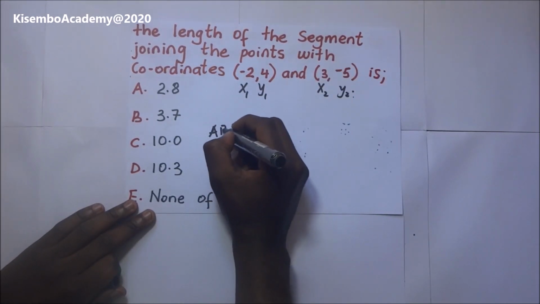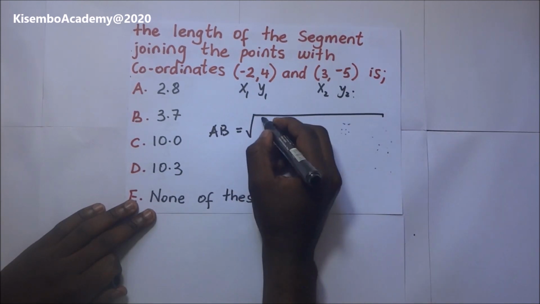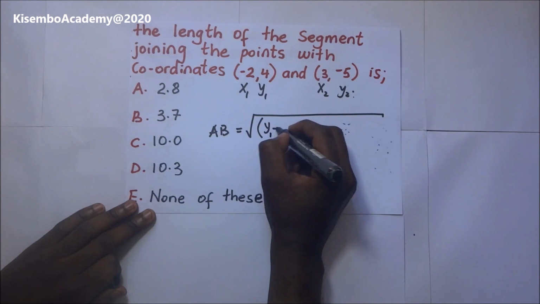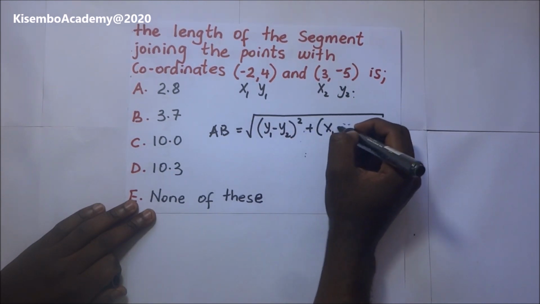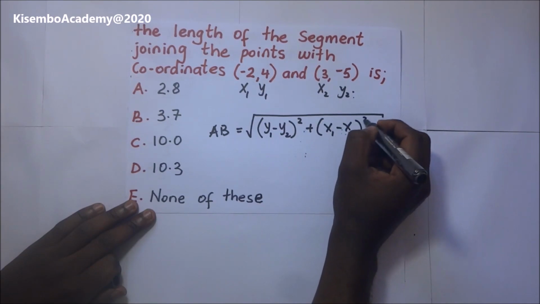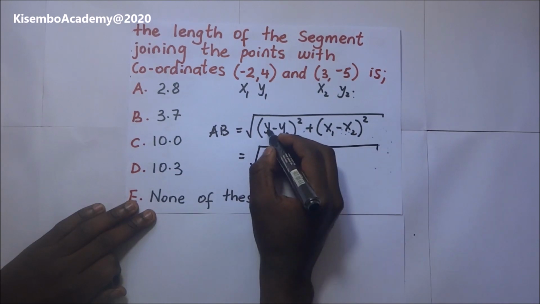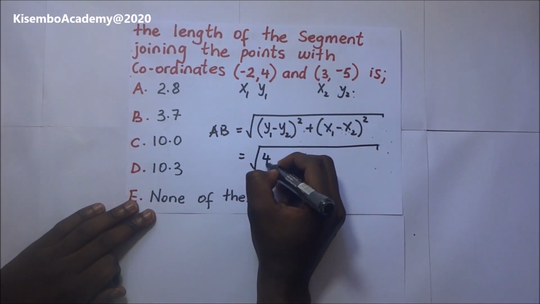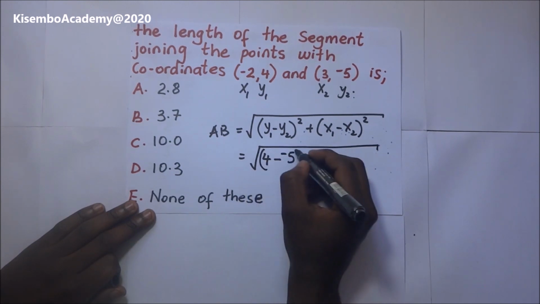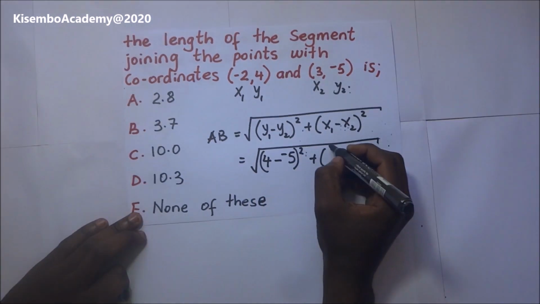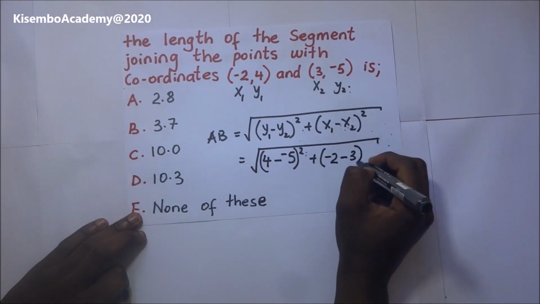So when we want to find AB, AB is going to be equal to the square root of (y1 - y2) squared plus (x1 - x2) squared. This is going to be under the square root of y1, which is 4, minus y2, which is negative 5, whole squared, plus x1, which is negative 2, minus x2, which is 3.